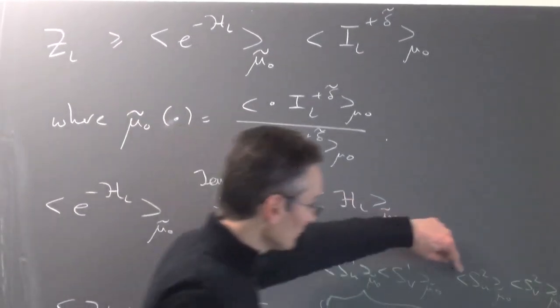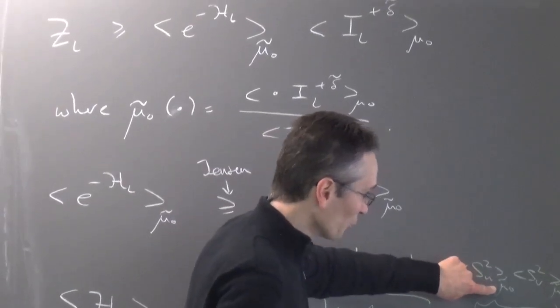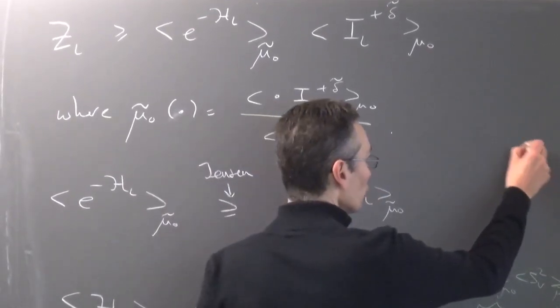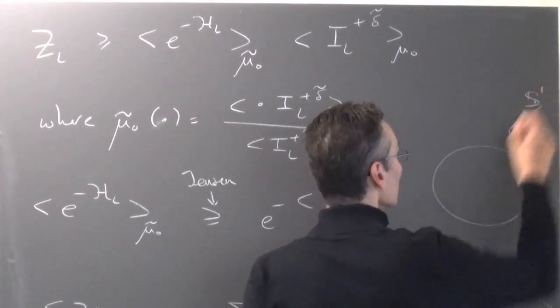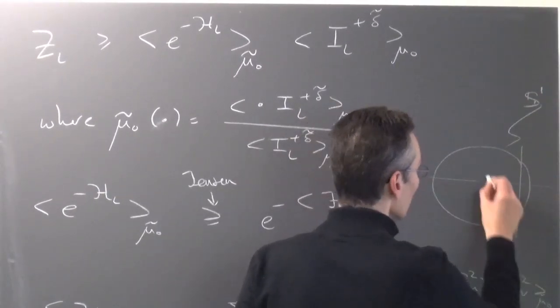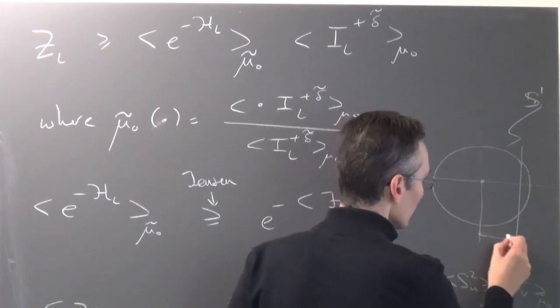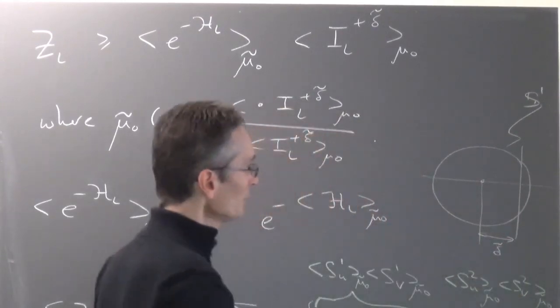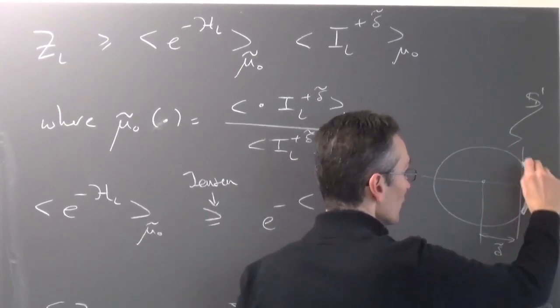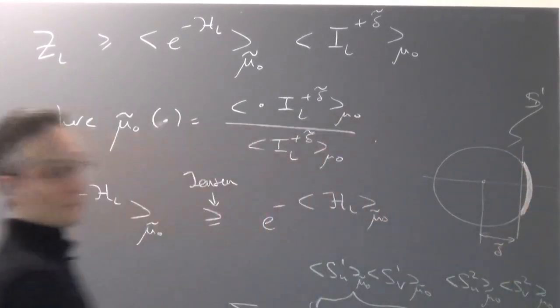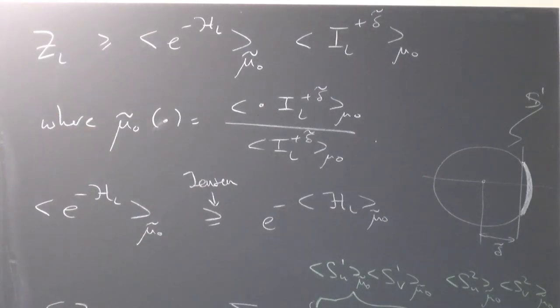But what is the product measure here? It's the product of this measure. So I have here the circle, that's S1. Somewhere I have this delta tilde, and it's the uniform measure on this arc that I'm considering. It's the product of these measures that I'm looking at.